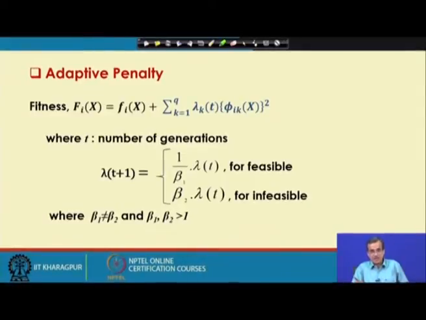So, in place of penalty equal to 0 for a feasible solution, we put some small value. So, this method is slightly different from the dynamic penalty approach and static penalty approach.